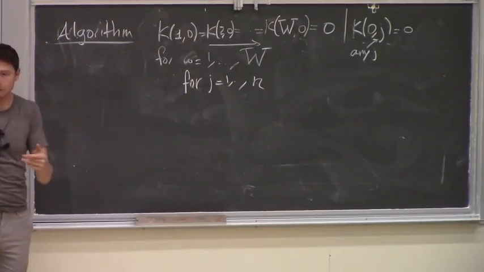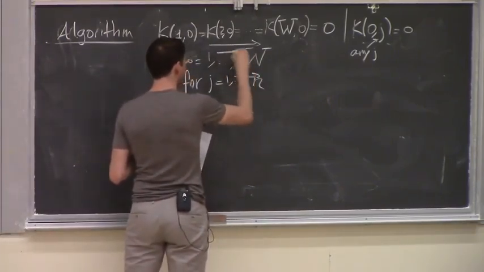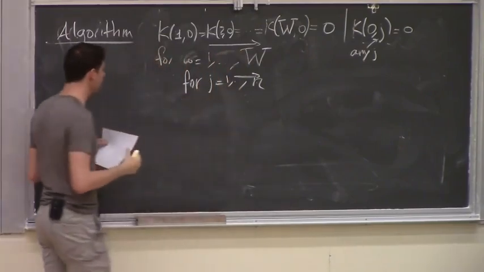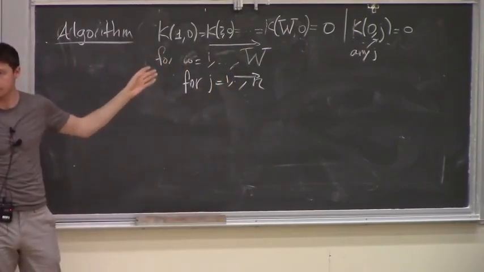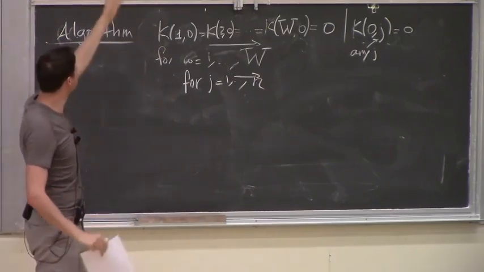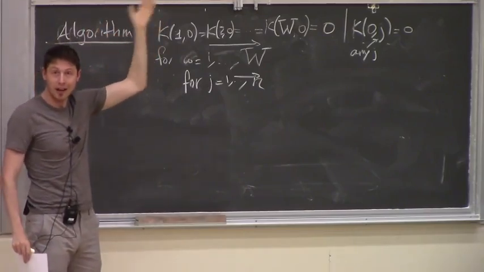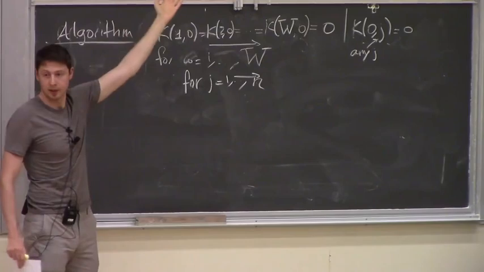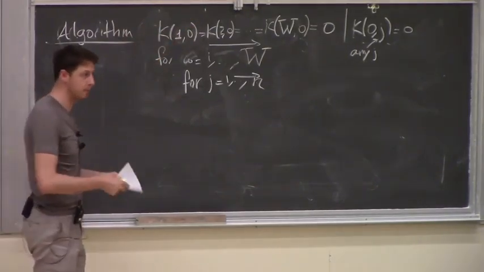It does matter, however, that in either of them you're going up, from easier to harder. In either loop you go from smaller w to larger w and from smaller j to larger j. Why? Because every time you have a particular w and a particular j, you will have to rely on things that depend on smaller w and smaller j.